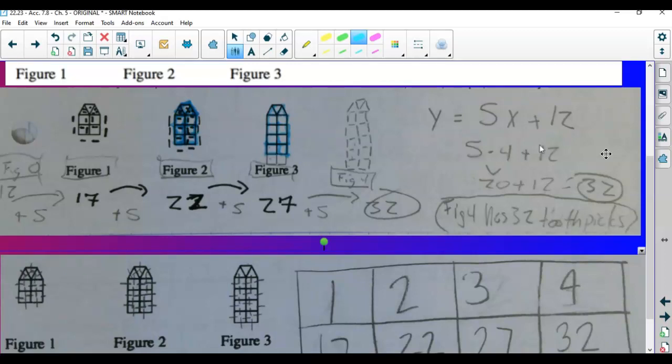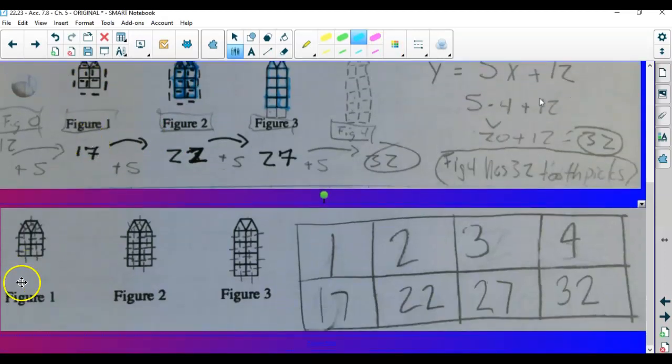So we have to start getting away from just using those tiles, and that's why we did one that kind of still looks like tiles, but we're actually counting the lines. I love these two different techniques of breaking apart the toothpicks, or tick marking them so I can count them as I go and know that I've counted all of them. Either way, we see a growth of 5, which would get us to 32 in figure 4.